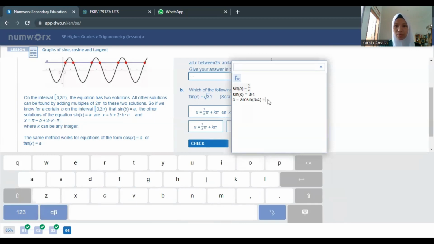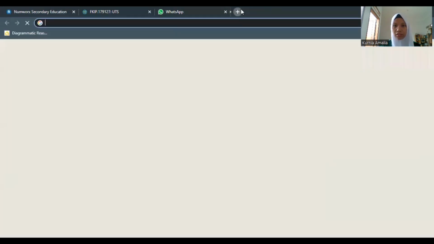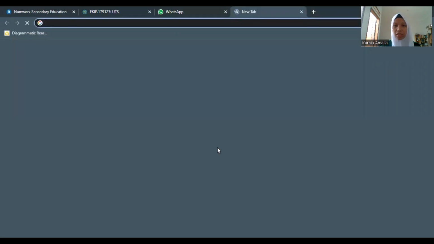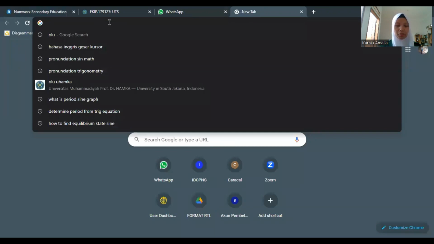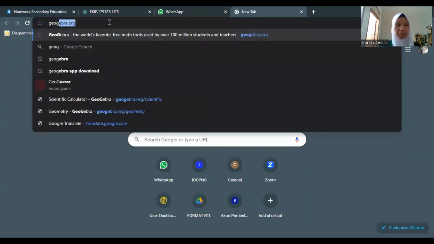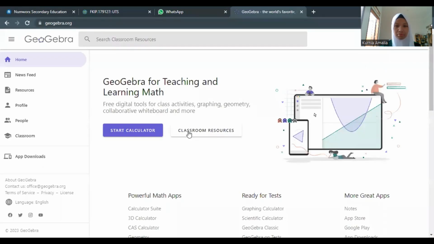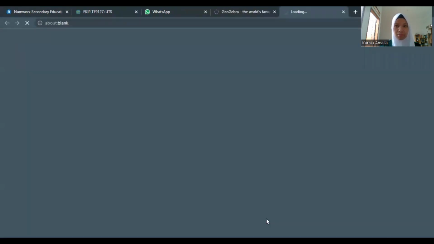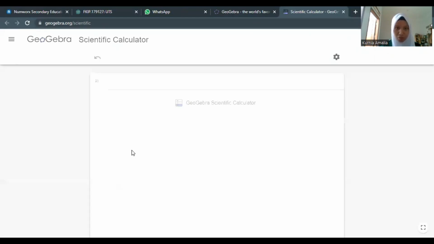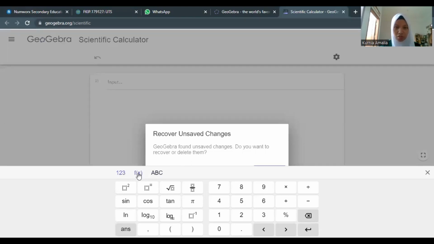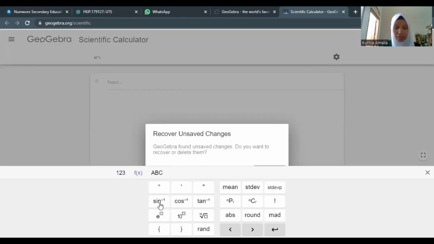So what is the value of this? We can use a scientific calculator, or I usually use GeoGebra. But GeoGebra doesn't use arcsin, they use sin to the power of -1.